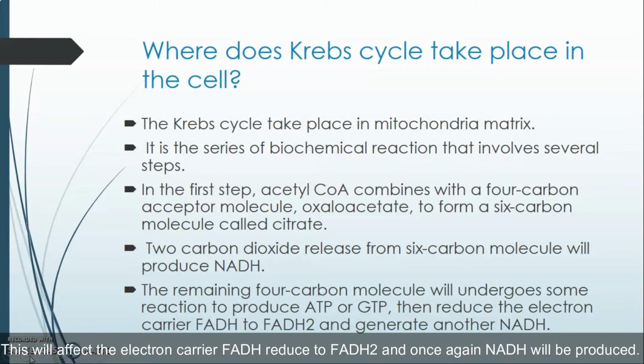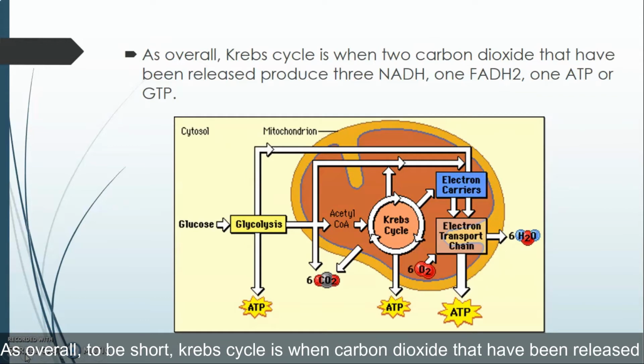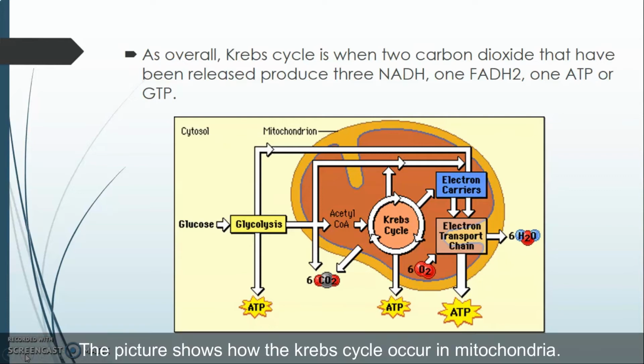This will cause the electron carrier FAD to be reduced to FADH2, and once again NADH will be produced. Overall, to be short, the Krebs cycle releases carbon dioxide and produces 3 NADH, 1 FADH2, and 1 ATP or GTP.